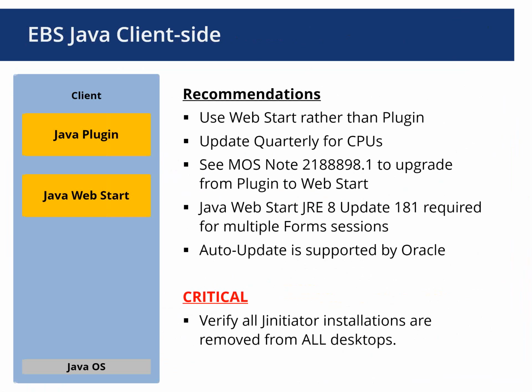So it's very important when you're doing this that you remove older versions, especially of JInitiator. If you're upgrading from JRE 6 or JRE 7 to JRE 8, we strongly recommend you remove JRE 6 and JRE 7 from the desktop if possible. What this recommendation doesn't include is that you have other Java applications running.